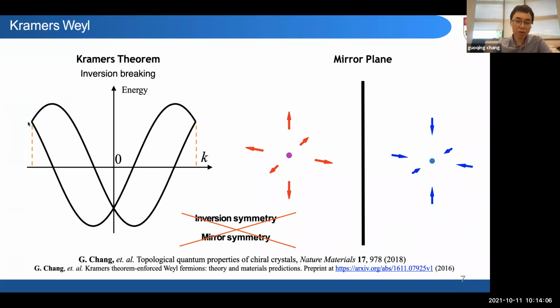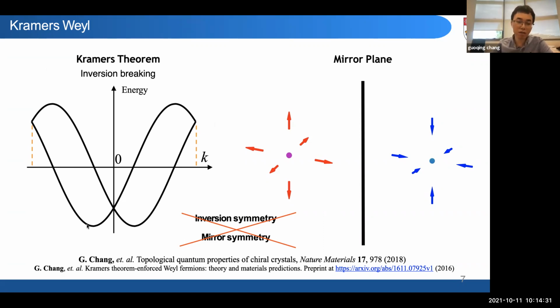So now, if we break the inversion symmetry, then the spin degeneracy at the generic points will be lifted, and the only remaining degeneracy will be at the time reversal invariant points, as indicated here. So if we look at the band structure here, there will be twofold degeneracy with the linear crossing. If you only look at this path, this seems to indicate this is a Weyl fermion.